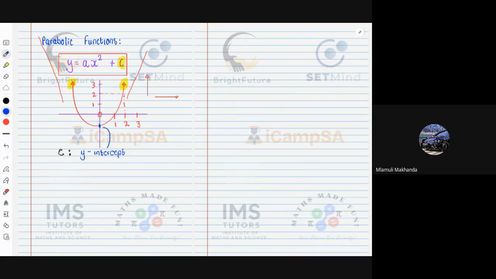So a, the easy way to know, remember, it represents the shape or the direction that the parabolic function will be facing. In this case, if a is positive, we're going to have something like the function that we have here already, a positive parabolic function, one that's facing up.